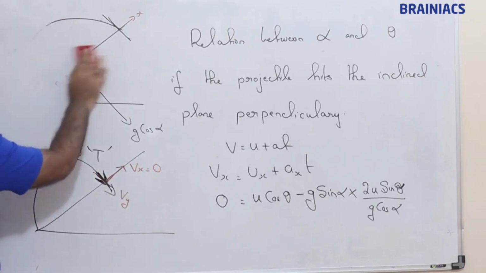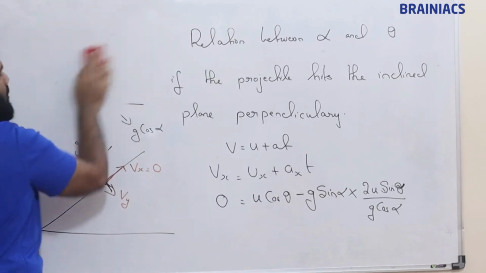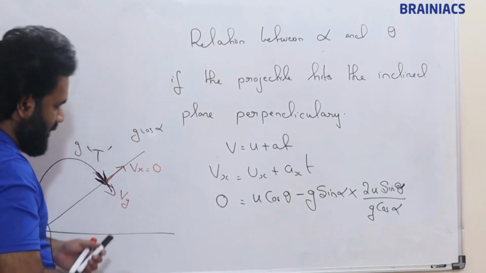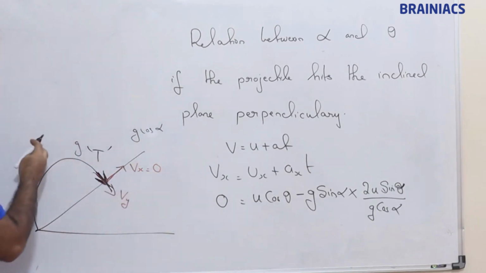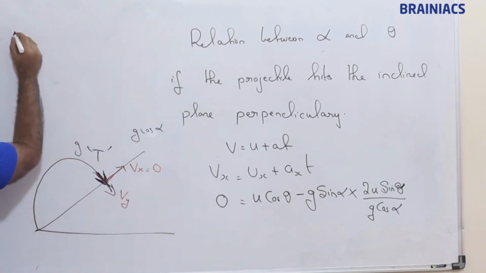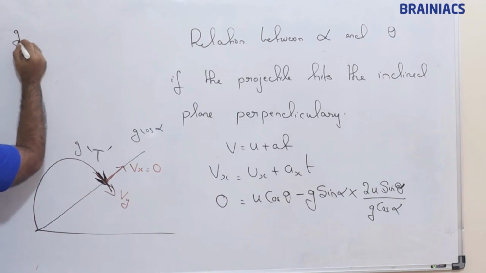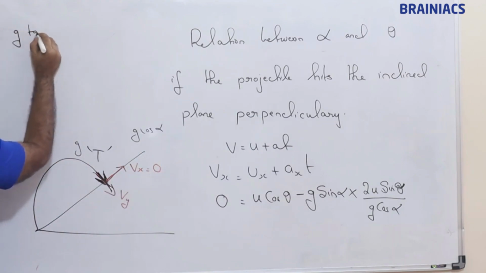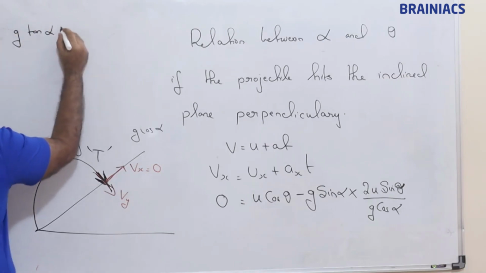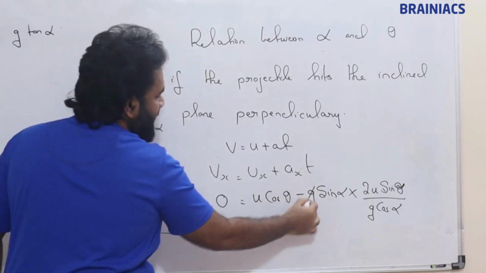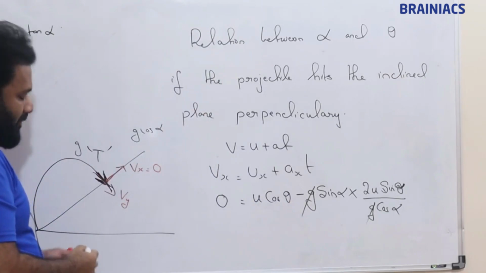So now bringing that term to this side, we will finally get g tan alpha. Here g and g will be cancelled off.